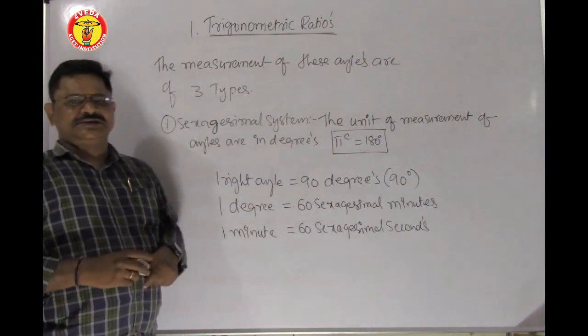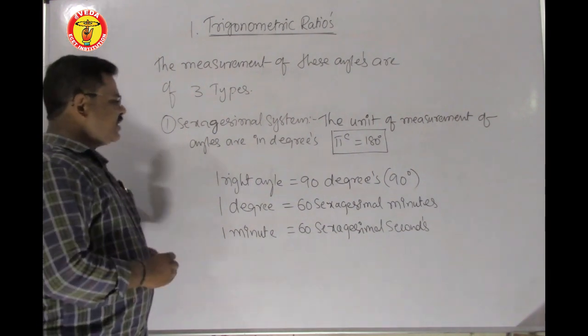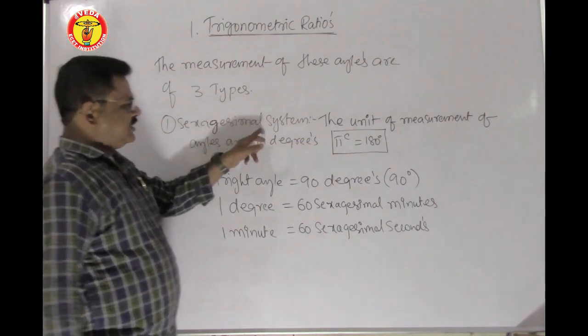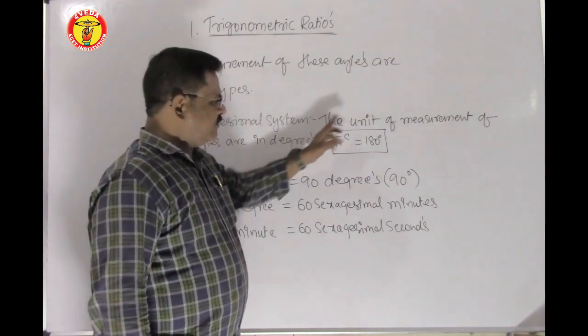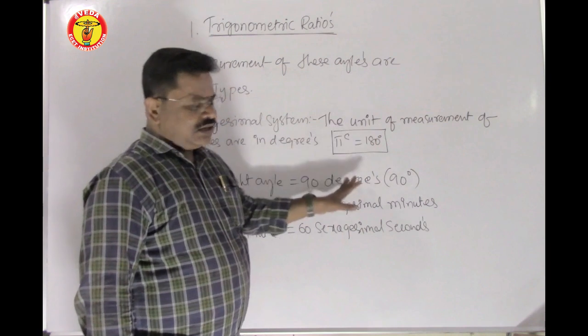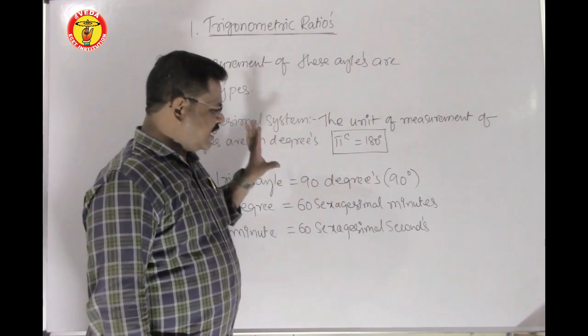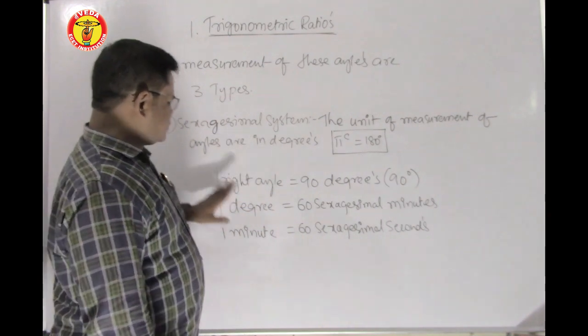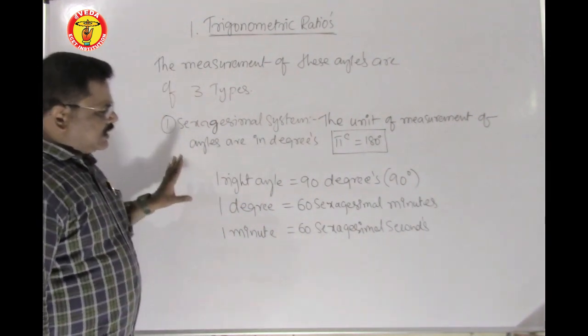Okay, next after this we have the centesimal system. This sexagesimal system is what we regularly use for the measurement of every diagram, and it is very easy to remember.